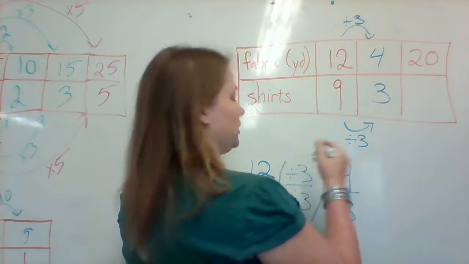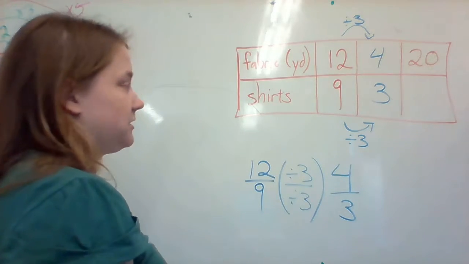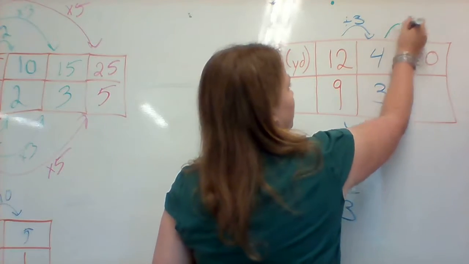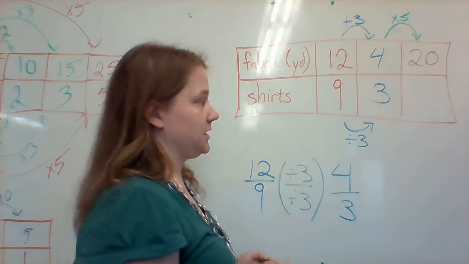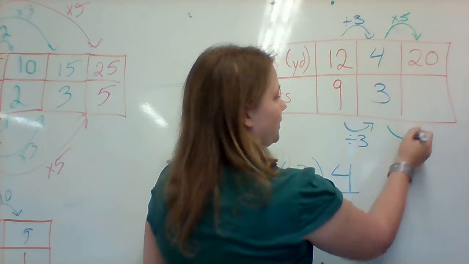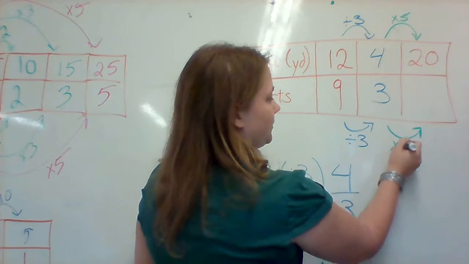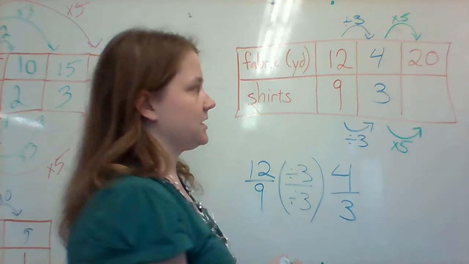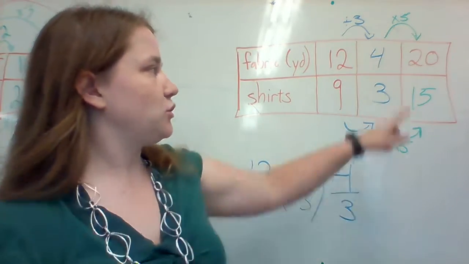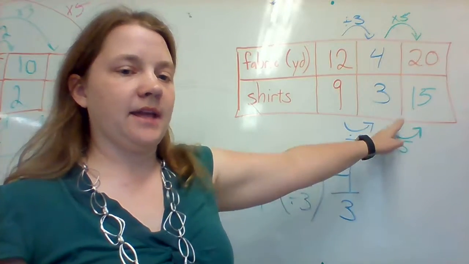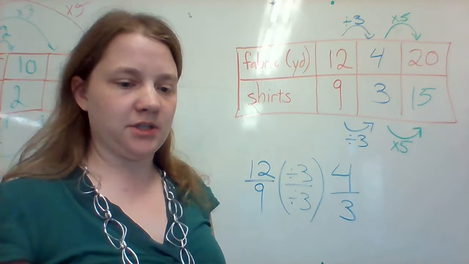Well, I know that 4 times 5 is 20, so I'm going to do the same thing on the bottom and multiply 3 times 5. 3 times 5 is 15. So if I have 20 yards of fabric, I can make 15 shirts.